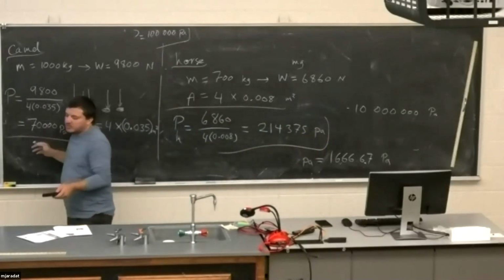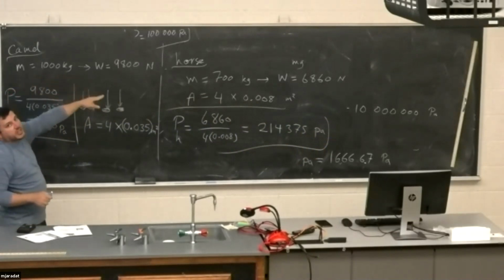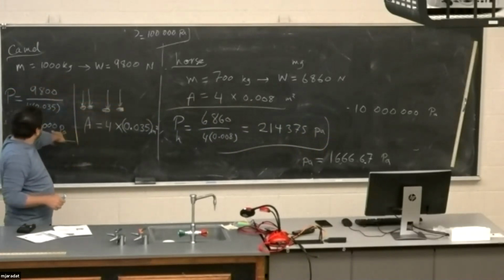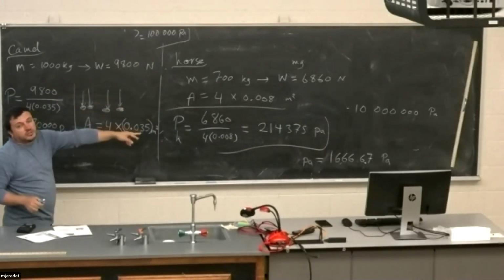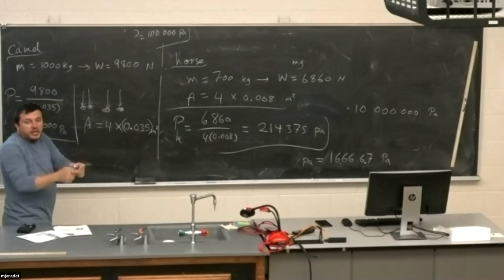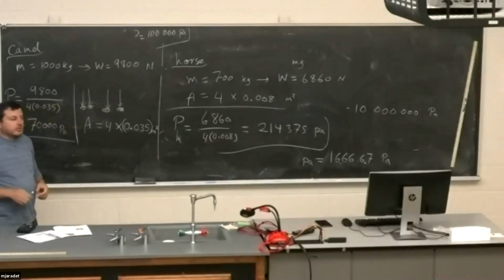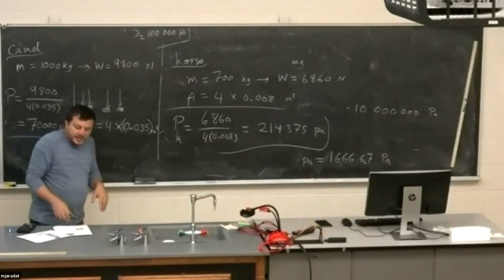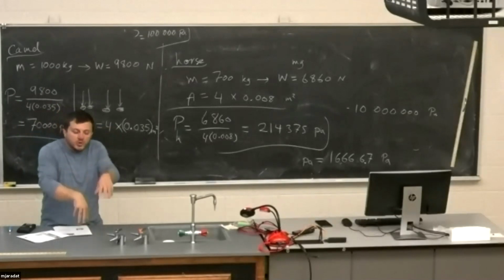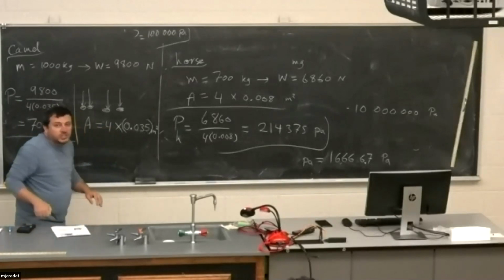It is much more than the camel's pressure. The camel is heavier than the horse, but its pressure is 70,000. Here it is 200,000, about 3 times, because the horse's foot area is smaller than the camel's. Because of that, horses' legs go inside the sand, you can see, they will dive inside it. Okay. Any question about pressure?